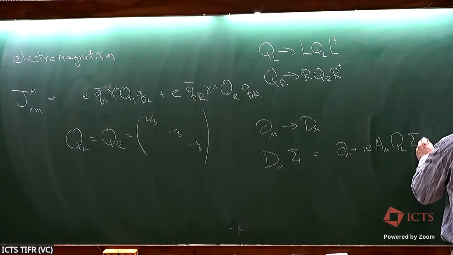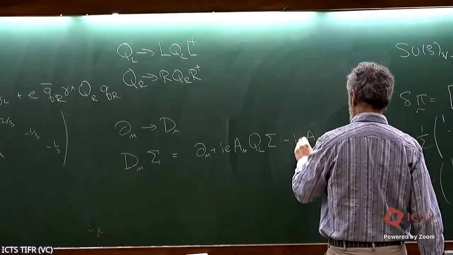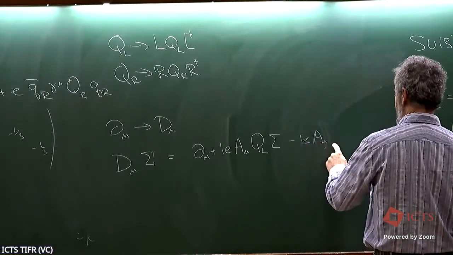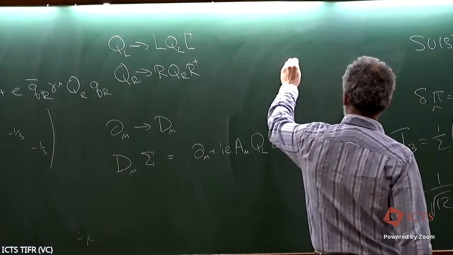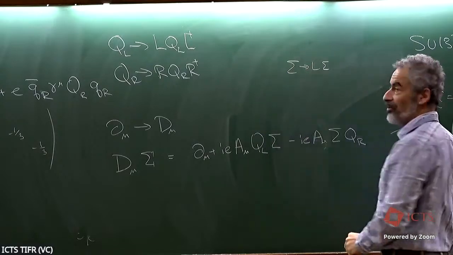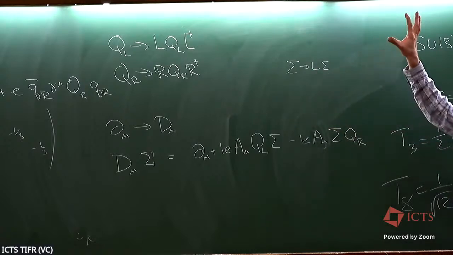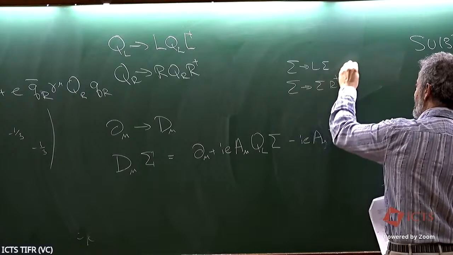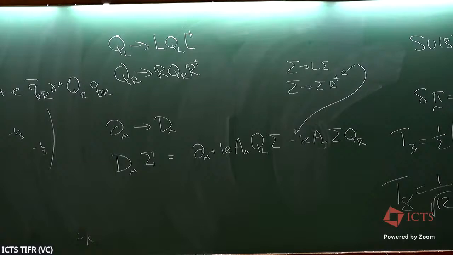And then we have a minus i e A mu sigma Q right. That's because sigma goes to L sigma, so under a transformation of L it gets a generator on this side with e to the i theta T A. But under the right, it goes like sigma R dagger, and this dagger is why there's a minus sign there. If you put a plus sign, you'd immediately see a problem.